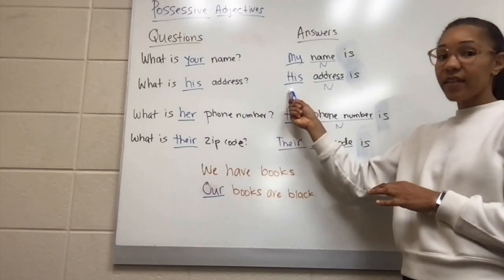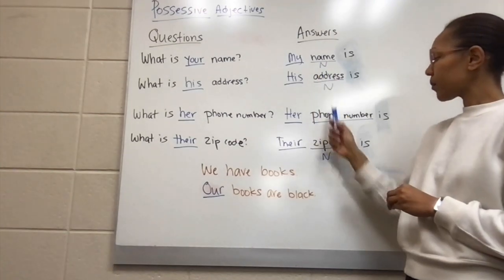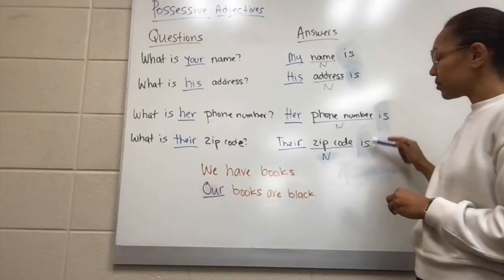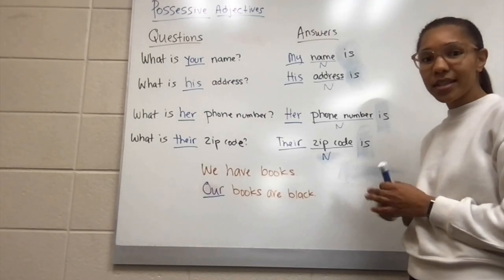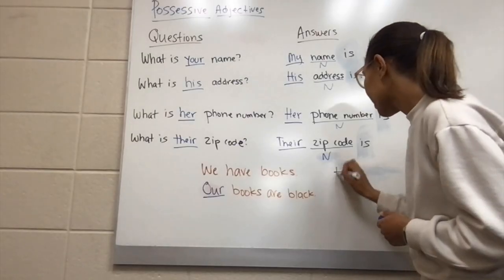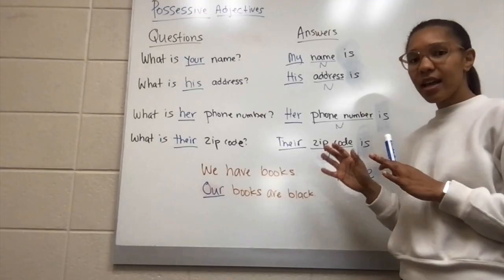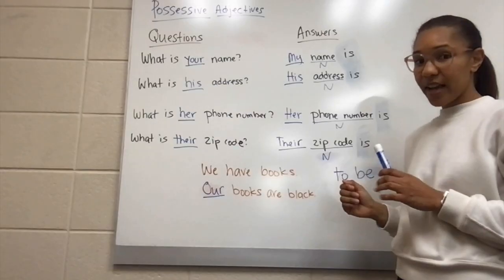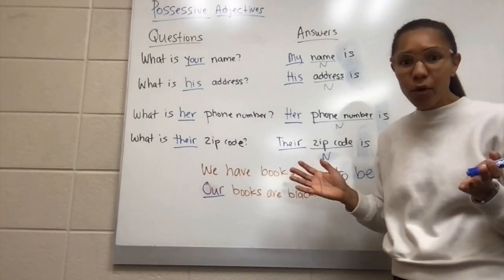We have a possessive adjective first, then a noun, and then this verb, is. And what's familiar about is? We've learned this too. This is the verb to be. So look at that. We are putting together a few different concepts that we've learned while we're learning about possessive adjectives. And you've already been using all of these things before you even realized it.